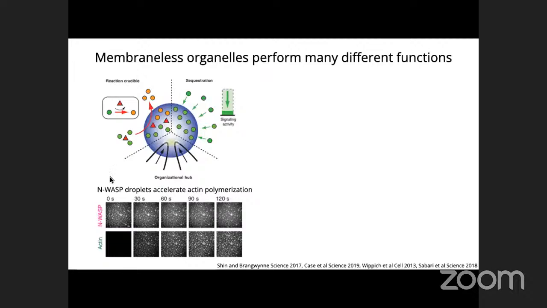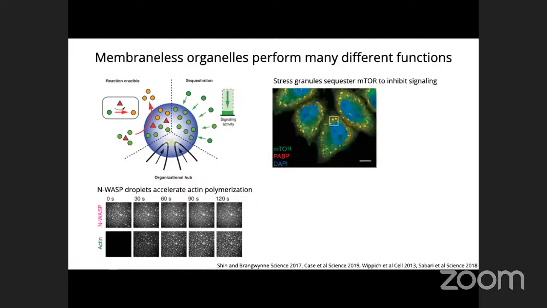An example here is a protein that phase separates, NWAS. NWAS happens to bind to a protein called actin, and when it's actin alone, it takes a really long time for these polymers to form, but in the presence of NWAS, they form much more quickly. So it can accelerate things. It can actually do the opposite. If I pull blue away from red, but the productive thing is red and blue interacting, then I can inhibit a reaction.